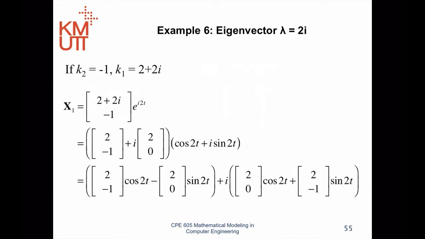If we let k2 equal minus 1, then k1 would be 2 plus 2i. Then the solution vector x1 equals (2 plus 2i, minus 1) e to the i2t.